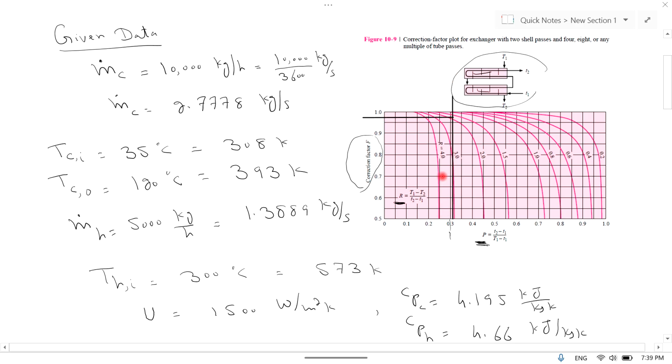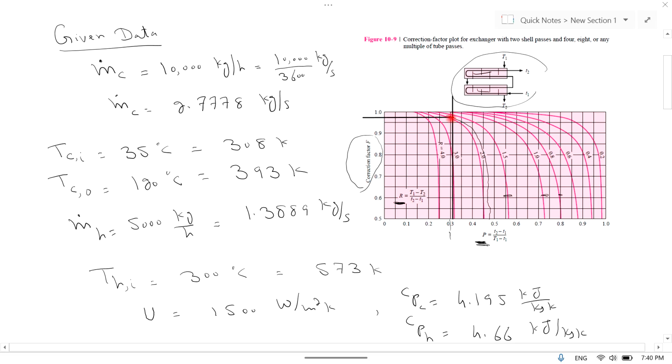Now these curves are for factor R. Factor R with us is 1.8. This is 2 and this is 1.5, so 1.8 will be here, a little above 1.5 and below 2. Now this curve and this straight vertical line will intersect each other at this point.